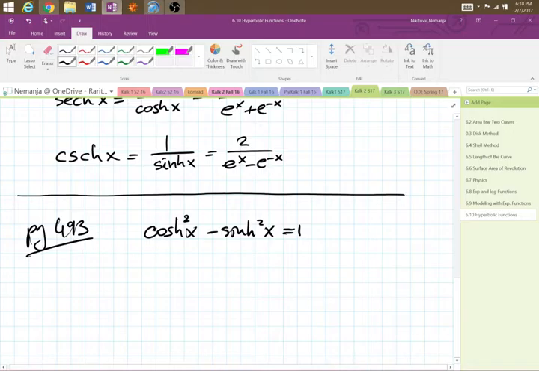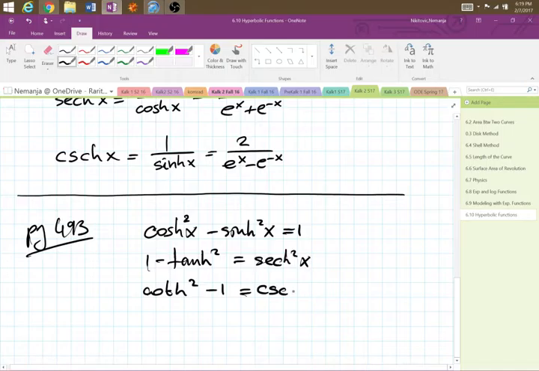Now, 1 minus tangent hyperbolic squared x is equal to secant hyperbolic squared x. And then the cotangent hyperbolic squared x minus 1 is cosecant hyperbolic squared x. Oops, x. Dang, I missed this x.